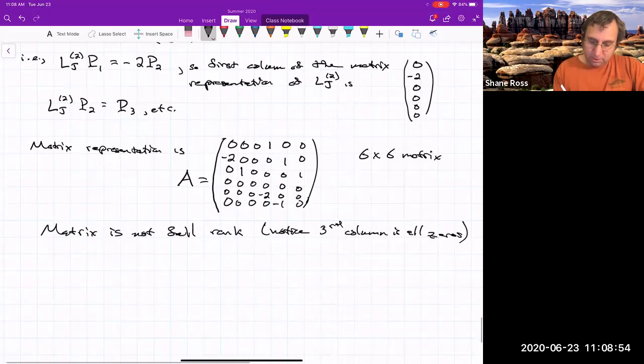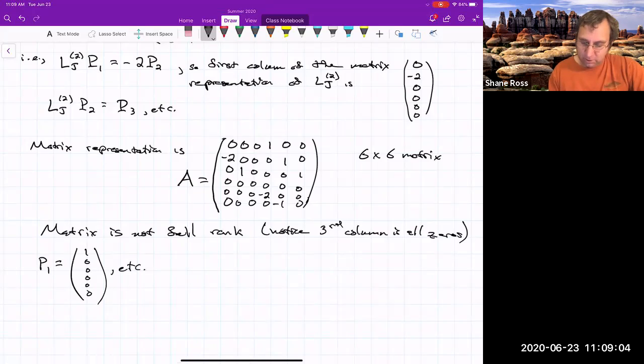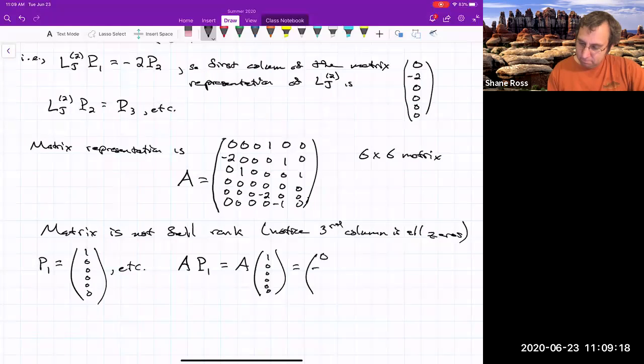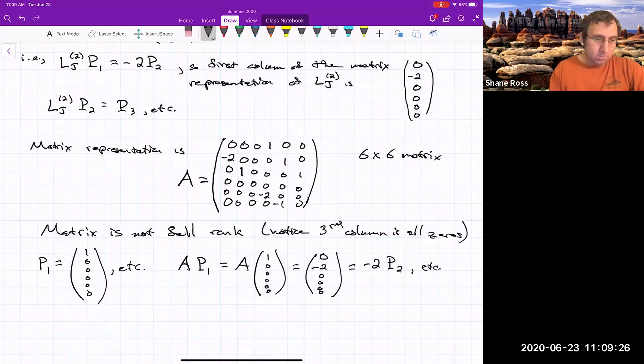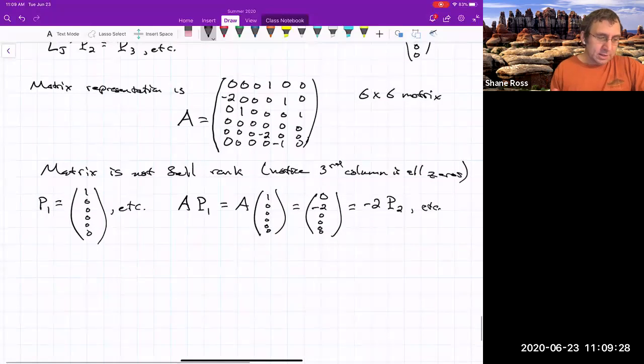Also, if you write P1 as (1, 0, 0, 0, 0, 0), etc., this thing works out to give what we expect. So A times the element P1 equals A times (1, 2, 3, 4, 5, 6), and it ends up equaling -2 P2. And you could do that for all of the others.